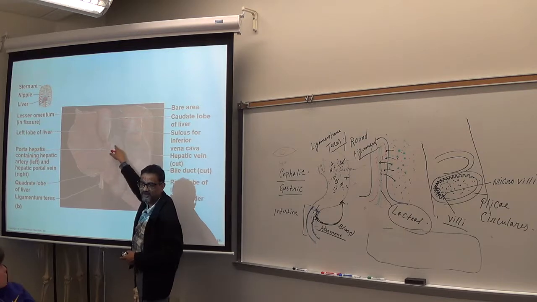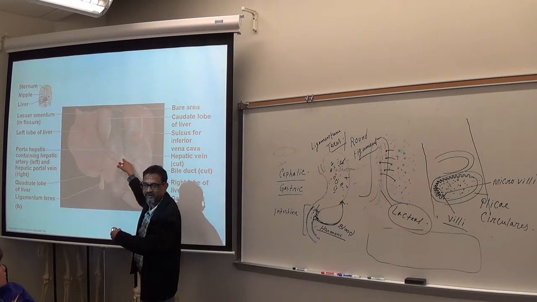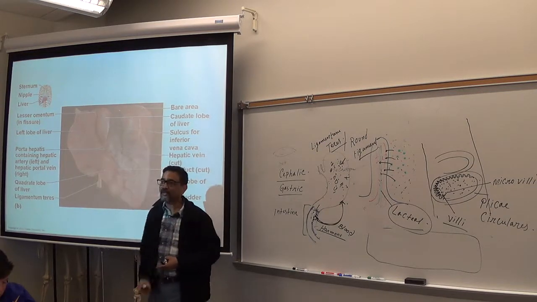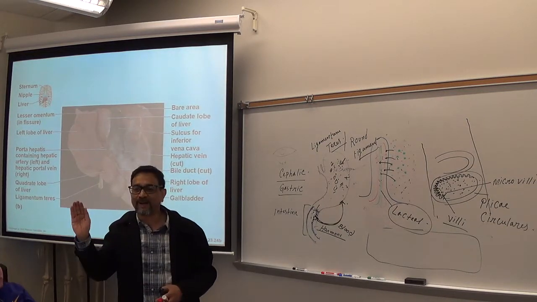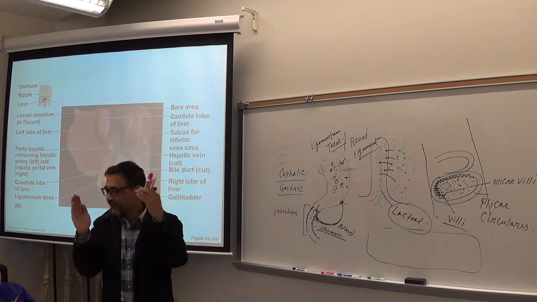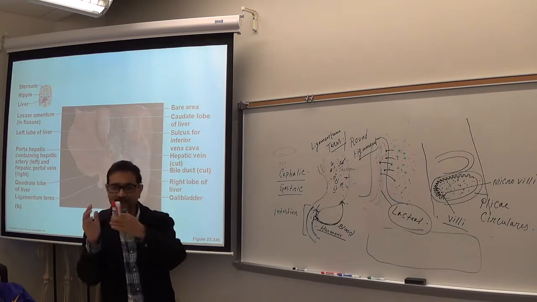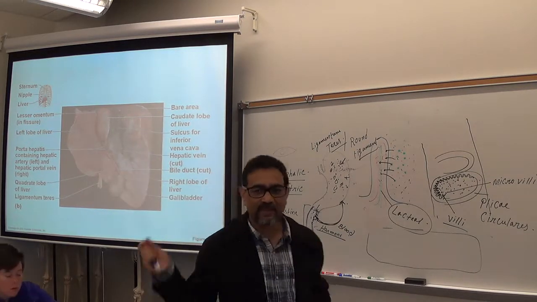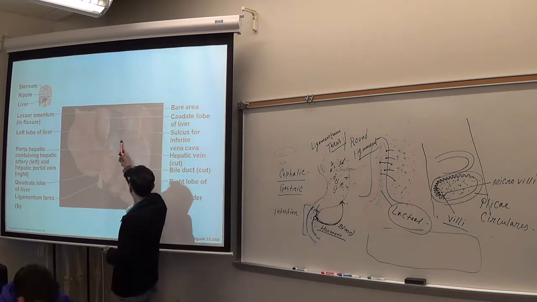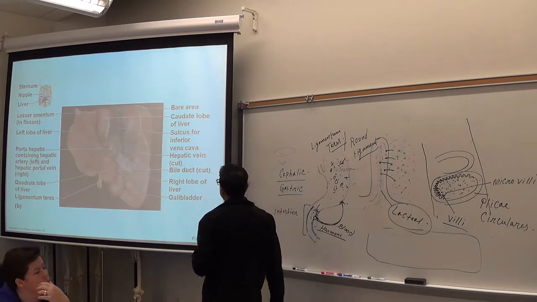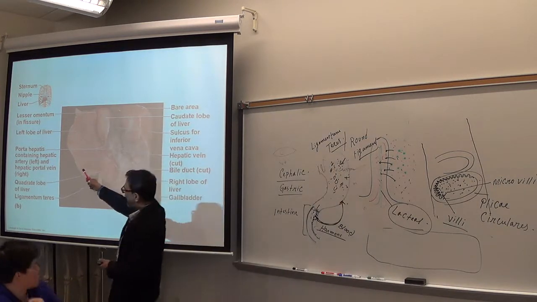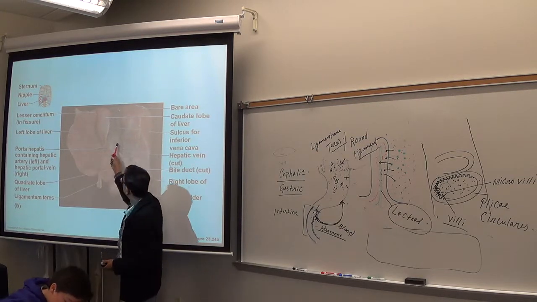So all those structures come out or enter into the liver through this area. That area is like the hilum of the lung. You remember the lung has a hilum, the main bronchi and other blood vessels, in and out. This is a similar structure in the liver. And this area is called Porta Hepatis.